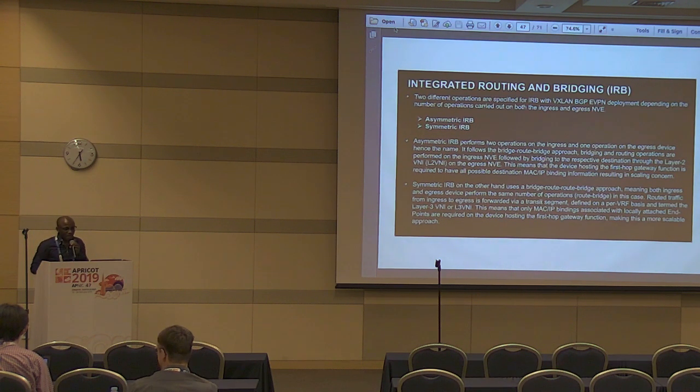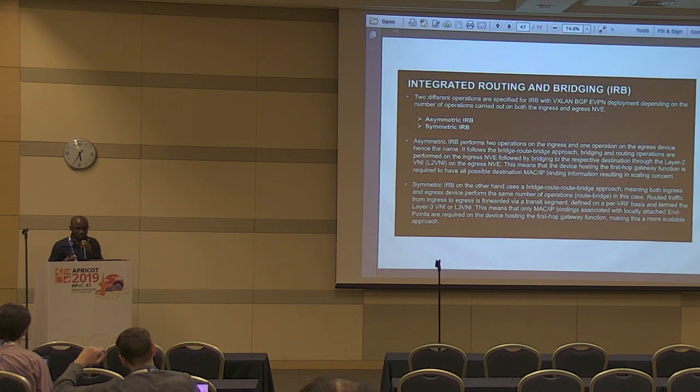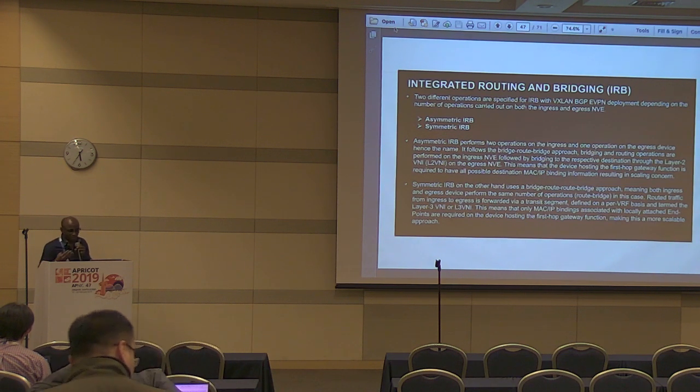Pretty much all vendors today actually go with the symmetric IRB. And with symmetric IRB, the operation is a bridge, route, bridge approach. So meaning both the ingress and the egress devices perform the same number of operations, 2 in this case. So the ingress does 2 operations, which is route and bridge, and the egress does 2 operations as well.